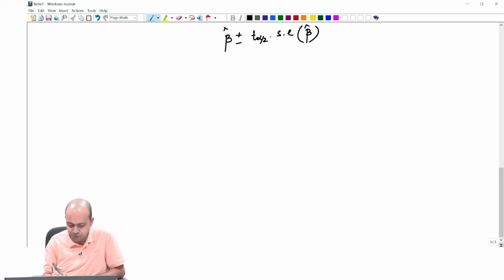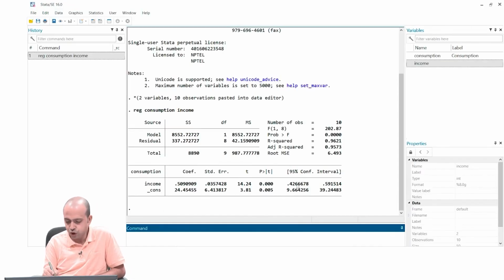Now, sometimes by mistake we estimate the interval and we see whether this beta hat is actually lying in this interval or not. For example, here after estimating the interval, you will see that your beta hat 0.50 is lying in the interval, and as I said, the decision rule says when the interval captures the value, then you do not reject your null, and if you do not reject your null, then your variable would be insignificant.